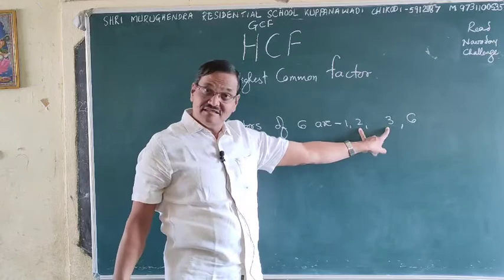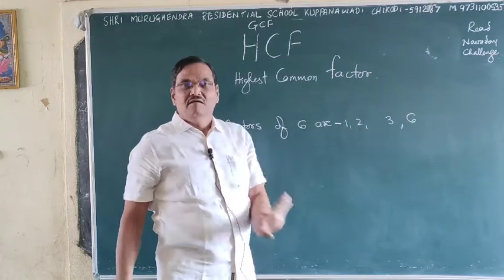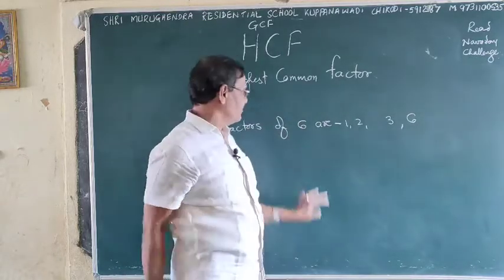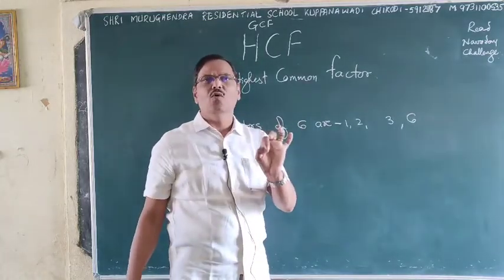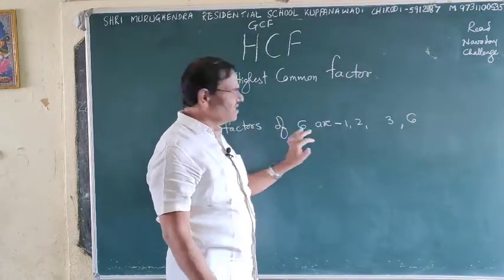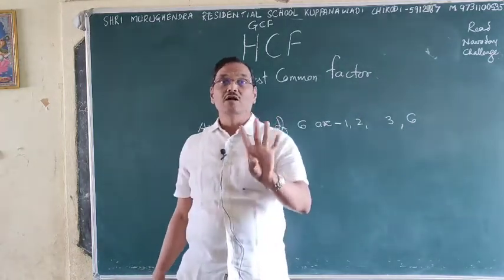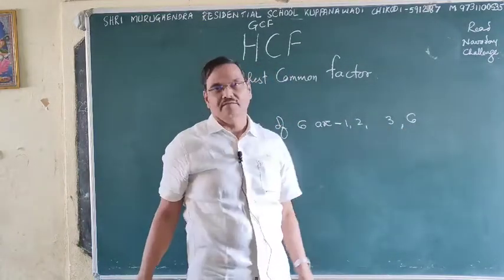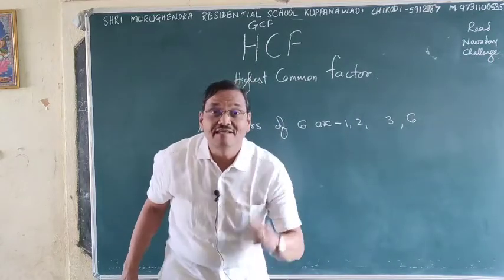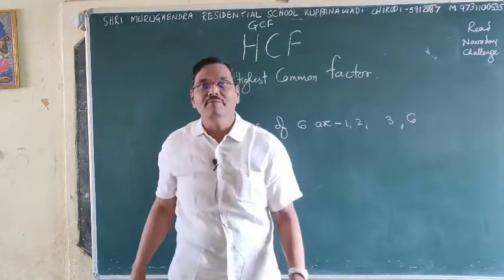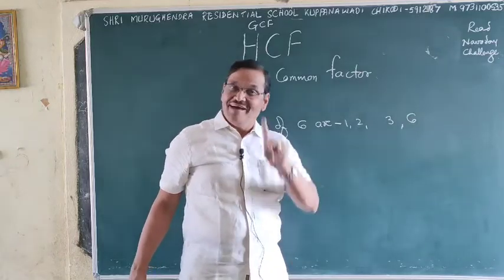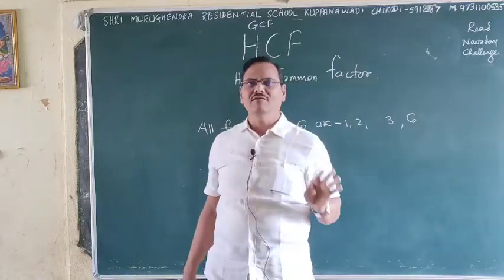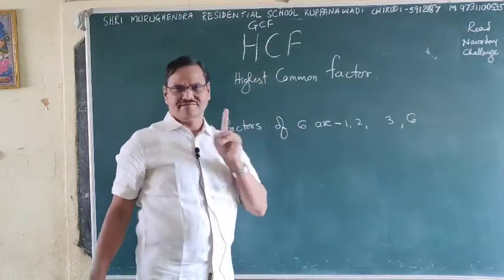In between, is there any number? No. So 6 has 4 factors: 1, 6, 2 and 3. If a number has only 2 factors, then it is a prime number. So it should have more than 2, and 6 has 4 factors. Understood?